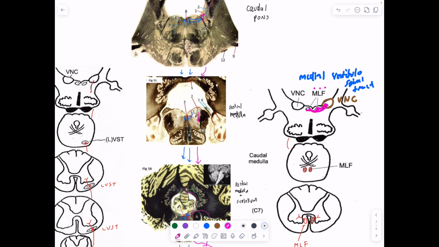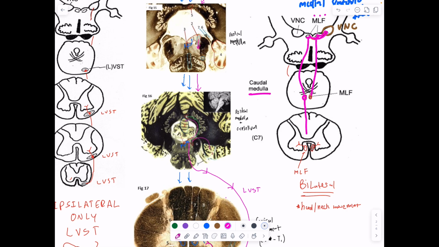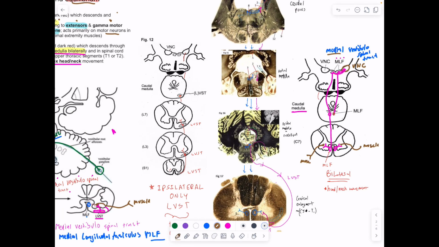I'm just going to draw it in: here's where it is in the caudal medulla, and it's going bilaterally, and then it's going to descend to each of the spinal levels, and it will synapse at each of the spinal levels in this anterior horn, and then those will go to muscle. All right, so not too bad. That's the medial vestibulospinal tract, goes bilaterally.